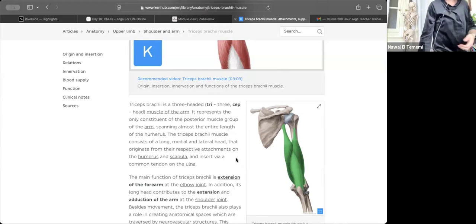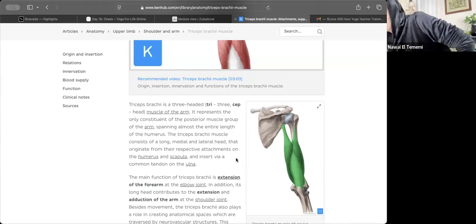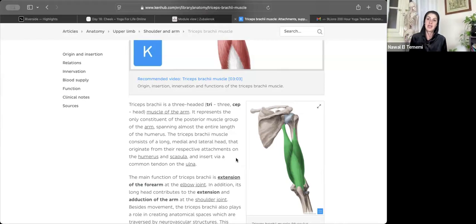If you're doing weights for this, you'll be lifting the weight by your side. In yoga, we engage it when we're belly down in Cobra extended. My chest is down, my hands are under the shoulders, I'm arching, and then I squeeze my elbows together.